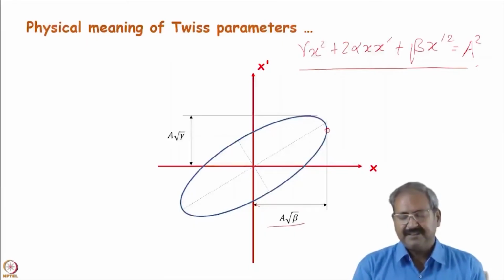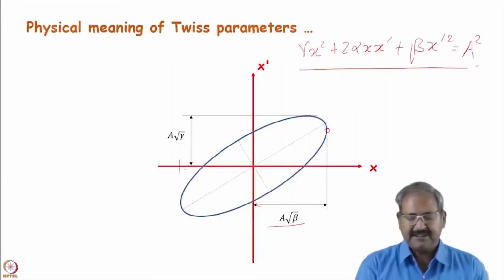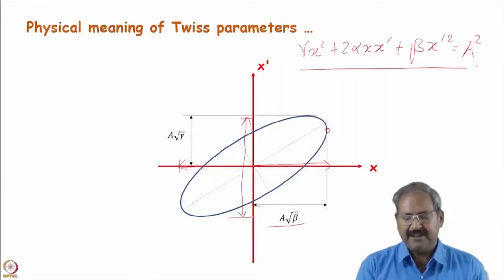This ellipse is showing the betatron oscillation. So this is the excursion of betatron oscillation in displacement, and this is the excursion of betatron oscillations in the angles.